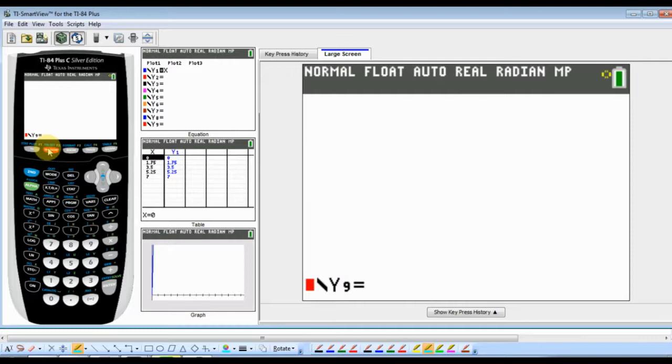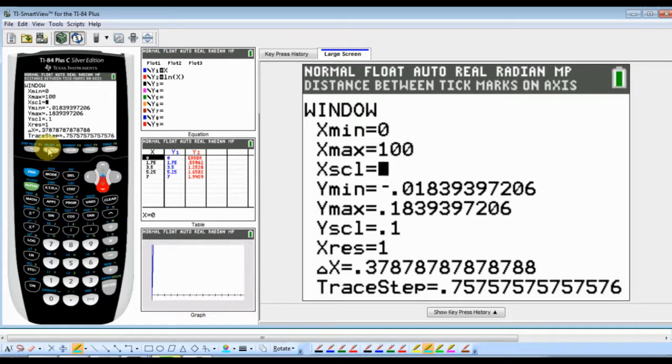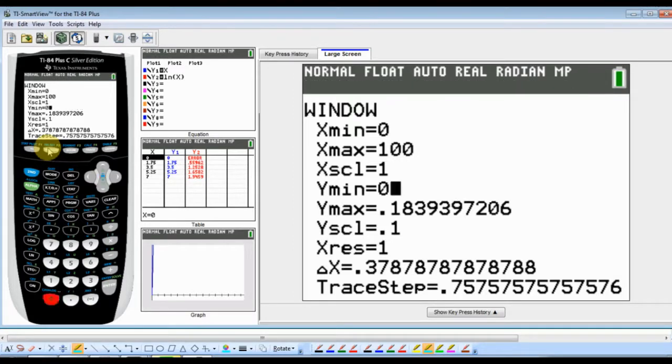I'm going to set a pretty big window here. I'm going to go from 0 to 100, and then 0 to, let's just try 1,000. No, 100's fine. Actually, let's go to 1,000.